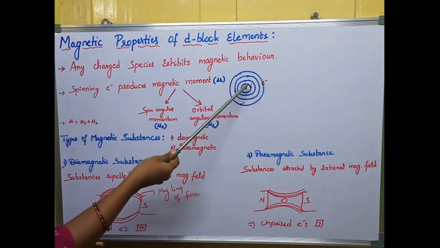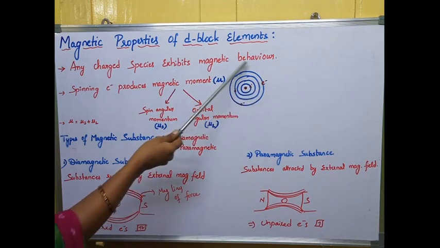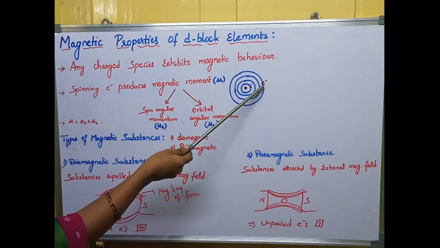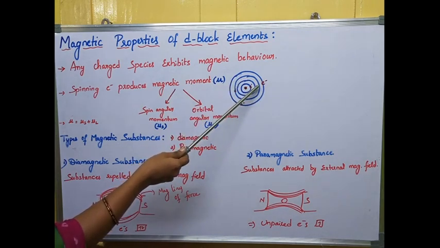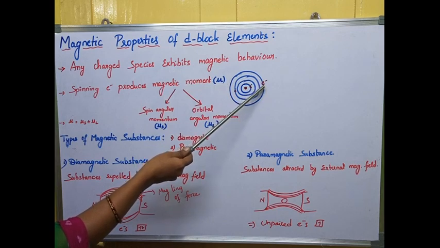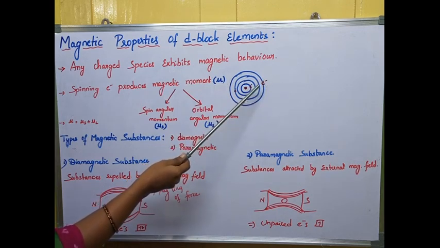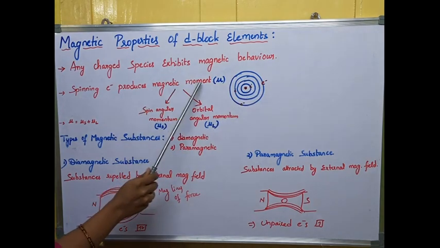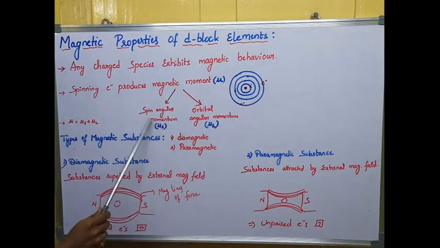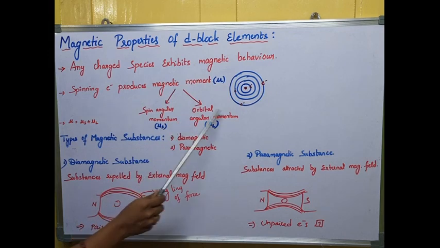Whenever an electron rotates around itself and rotates in a particular path called an orbit, it shows magnetic behavior. So it develops angular momentum. Whenever an electron rotates, it produces two types of magnetic moments, that is spin angular momentum and orbital angular momentum.